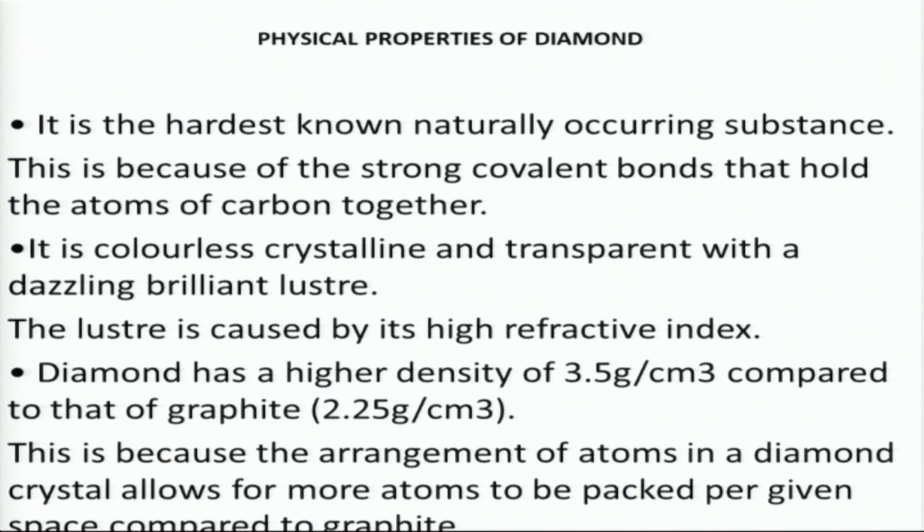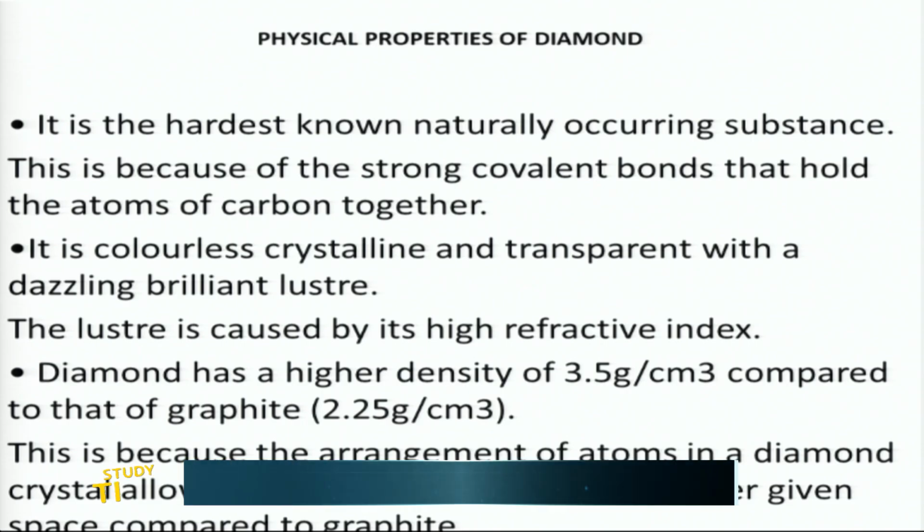Another physical property is that diamond has a higher density of around 3.5 grams per cubic centimeter compared to that of graphite, which is 2.25 grams per cubic centimeter. So you see the density of diamond is a bit higher compared to the density of graphite.